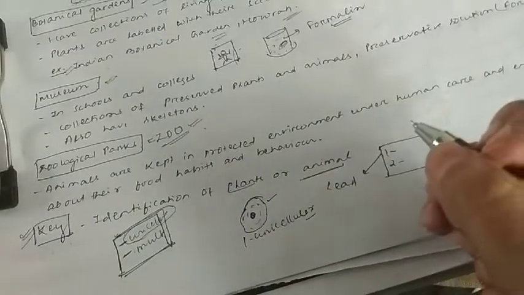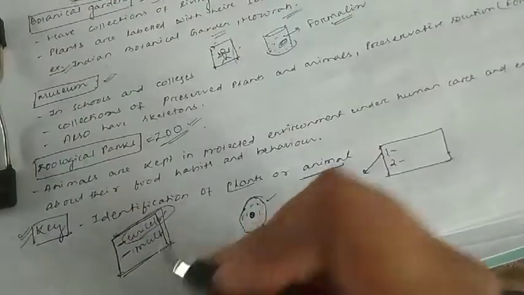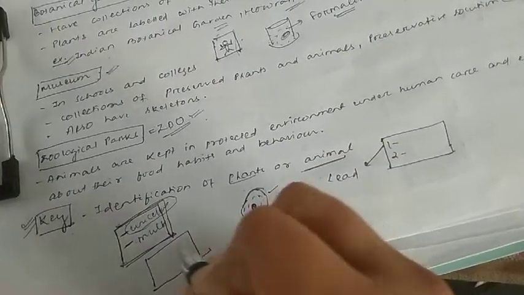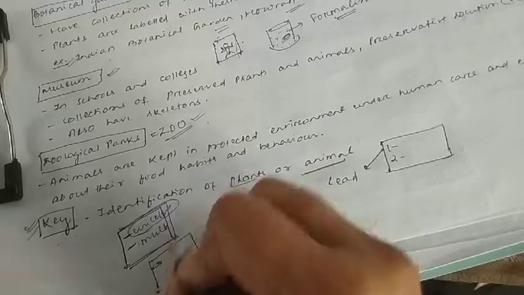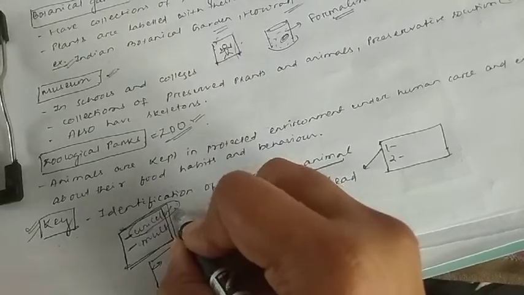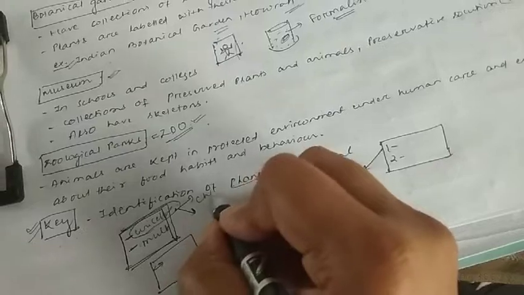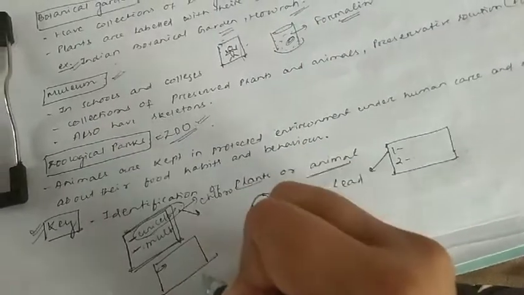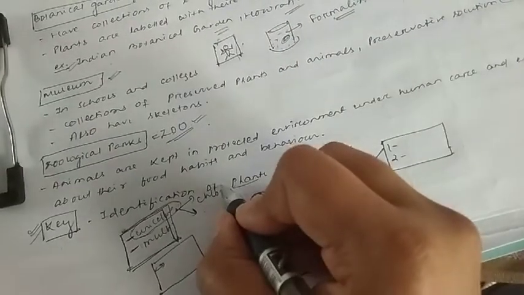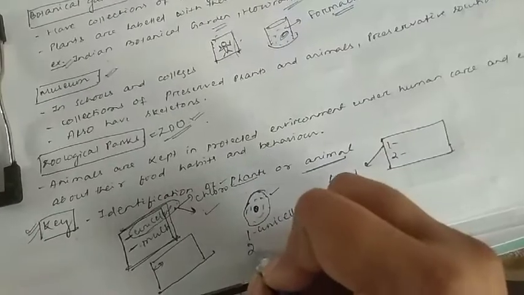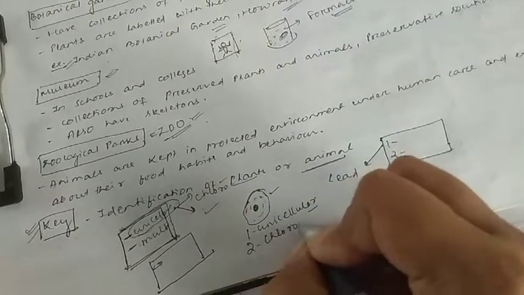Again, what you will do is go to the next key, which applies if it is unicellular. If it is unicellular, then check whether it contains chlorophyll or not. Either it will contain chlorophyll or it won't. Suppose it contains chlorophyll.